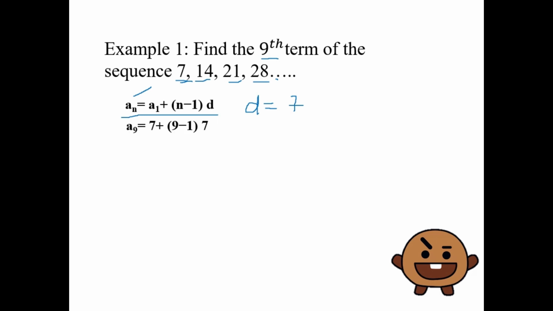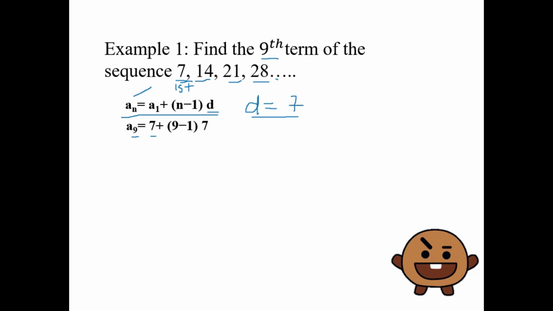Then, substituting all the values that we have: a sub 9 is equal to 7, which is the first term. This is our first term, take note. Then plus, the value of n is 9, minus 1, times 7 for the d. If you're very good at mental mathematics, you can solve it immediately.